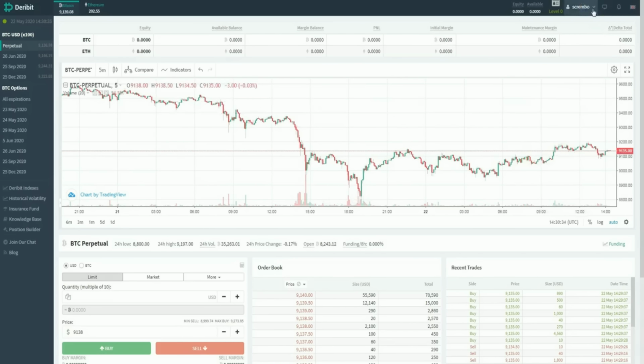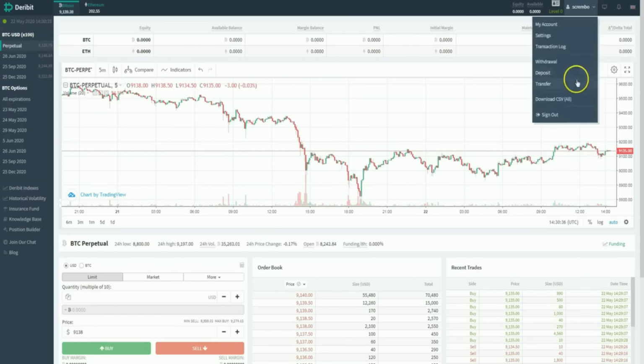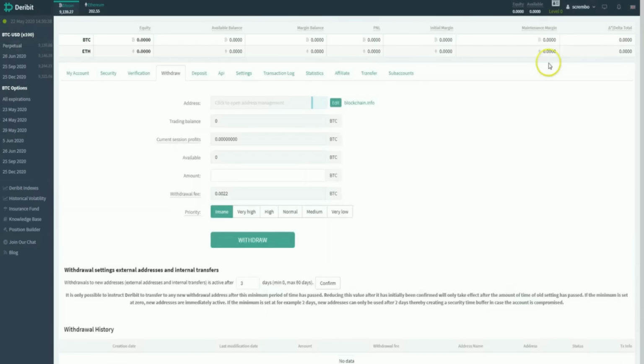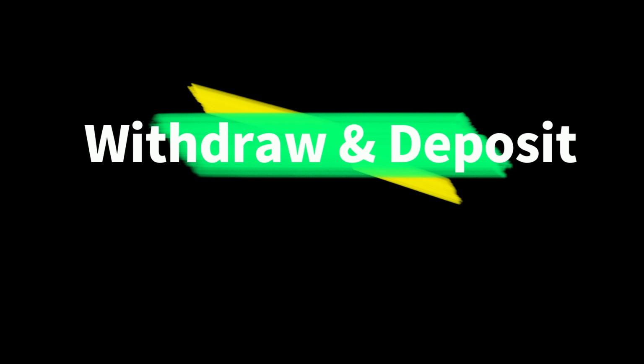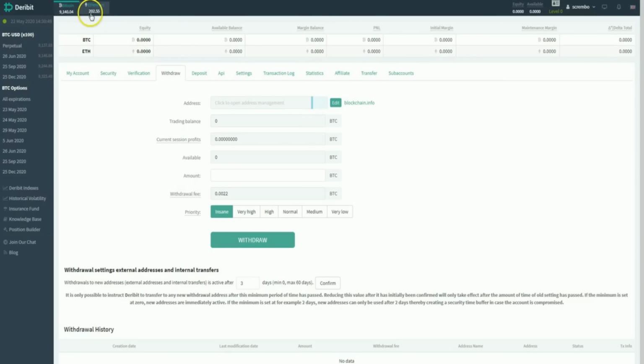Now I'm going to teach you how you can simply deposit or withdraw money. Before entering the trading platform, you need to deposit some amount of money. So how can you deposit the money? You can simply follow the steps over there.